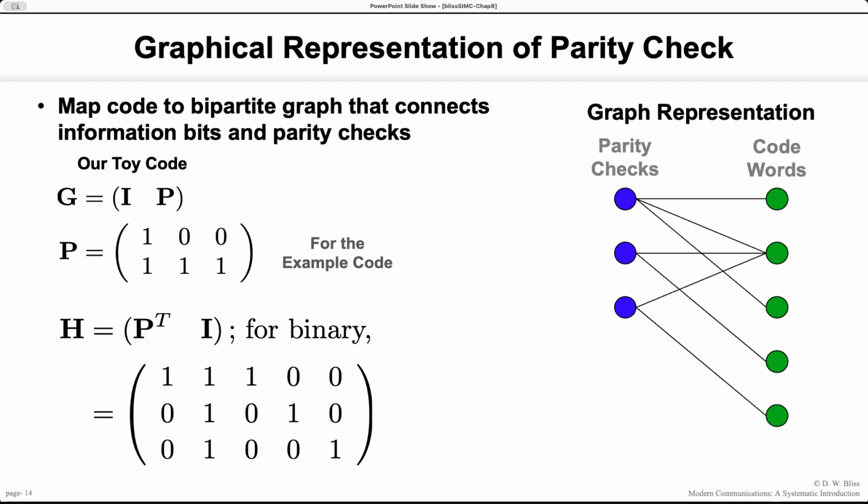I'm going to reinforce that and tell everybody that, yep, you're probably right, and then pass it back. On the other hand, the parity check might go, you guys are a mess, what you're telling me doesn't make any sense at all. I'm going to say that it's less likely than you think it is and pass that information back. By sloshing back and forth on this graph representation, information will flow across the code words through the parity checks, and hopefully you converge to a correct code word. Once again, that's beyond what we're going to talk about here, but if you run across this in the future, I wanted to expose this to you.